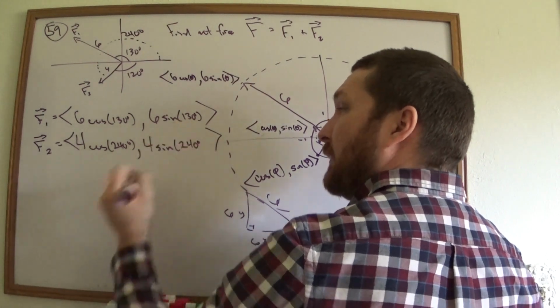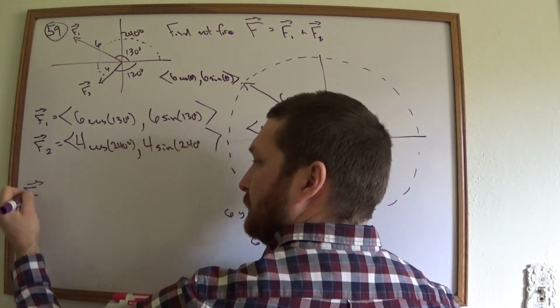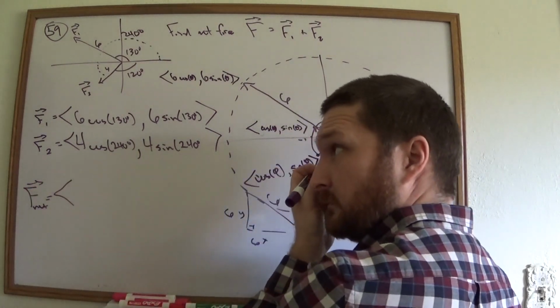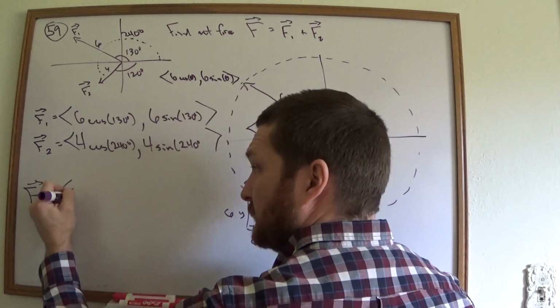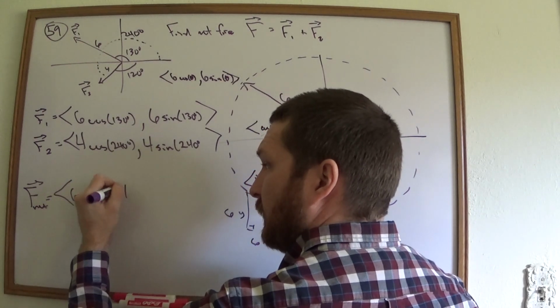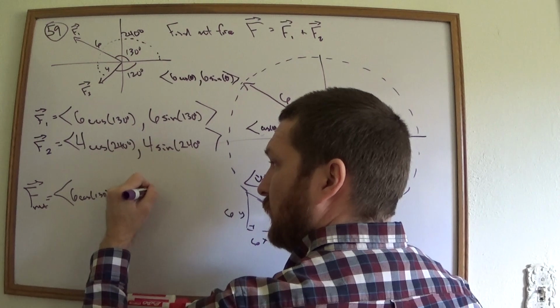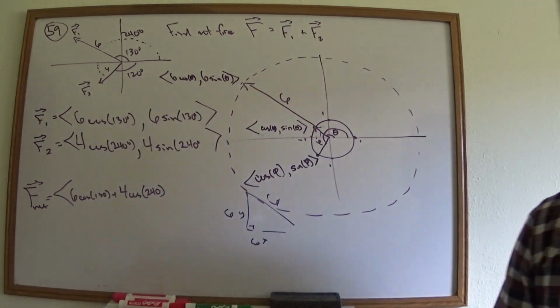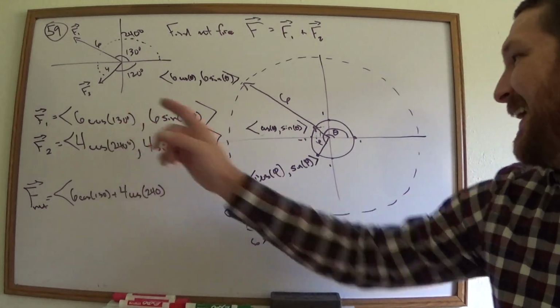And now what do we get when we add them? We just add each component: 6 cosine 130 plus 4 cosine 240. Notice it's not 10 cosine something, because those aren't the same angle.